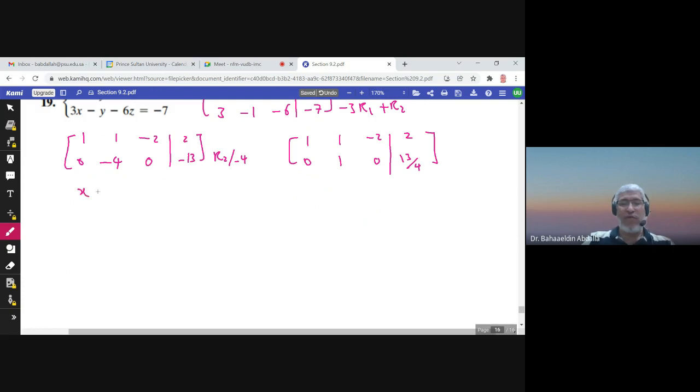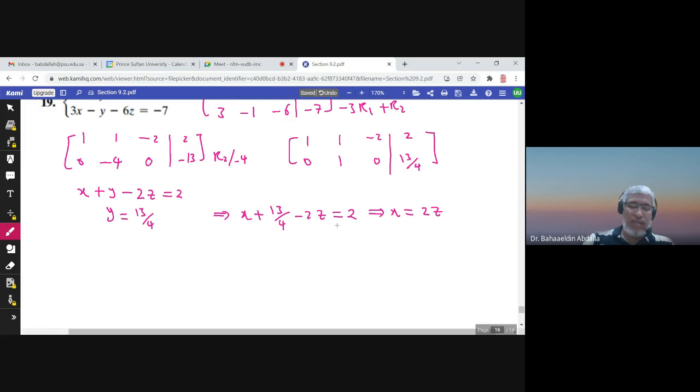If we write the equations, x plus y minus 2z is 2, and the second equation gives us y equals 13 over 4. So we have the value of y, and if we put it in the equation x plus 13 over 4 minus 2z equals 2, then x would be 2z when you take it to the other side, and 2 minus 13 over 4.